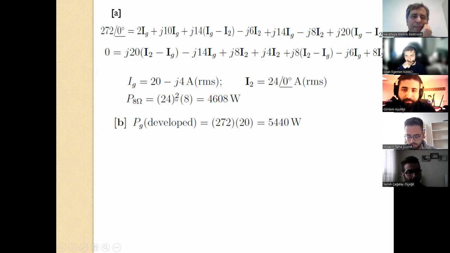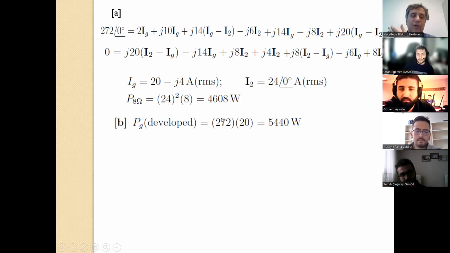You can multiply this, and then the real part of the complex power will be the average power. That's why we are multiplying it by 20, because this is going to be the real part of the complex power. How can you calculate the average power on the source?